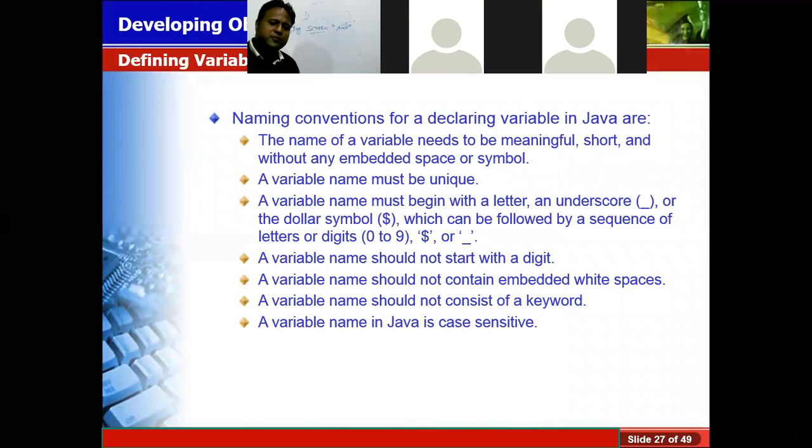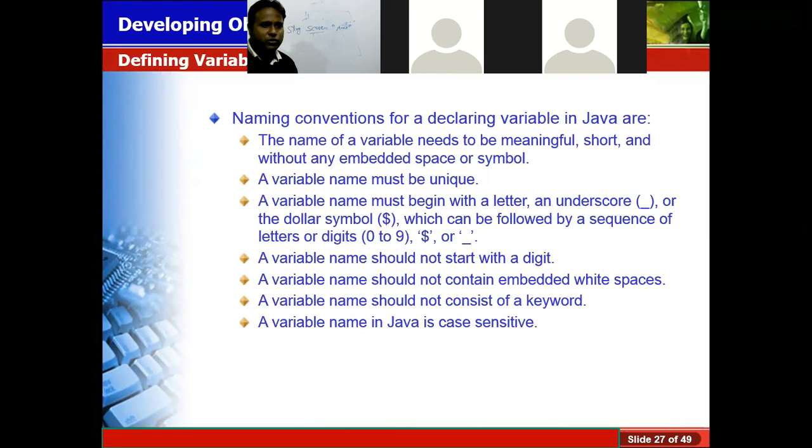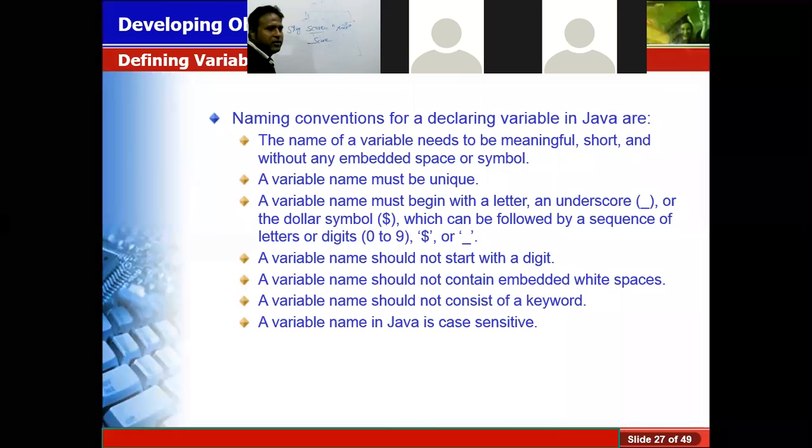Variable name must begin with a letter or underscore. It should not be start with any word, number, any other symbol. Underscore use कर सकते हो. Suppose underscore score यहाँ पर use होगा. Okay. Don't give other symbol here.